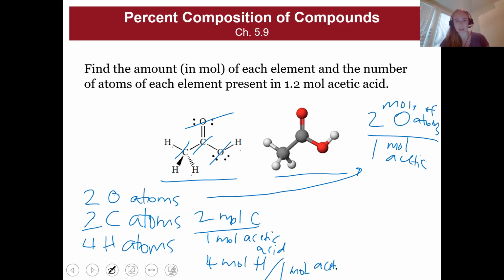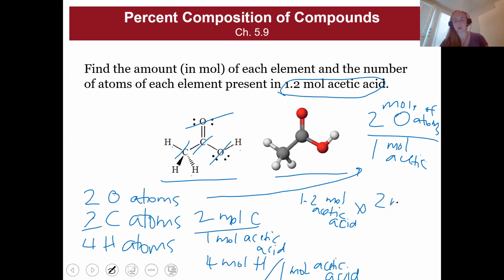So we have more hydrogens because there are more hydrogens in 1 molecule of acetic acid. All right, so those are our conversion factors. So this is what we have to start with. If we have 1.2 moles of acetic acid, not just one anymore, but 1.2, then we can multiply that by all of our conversion factors.